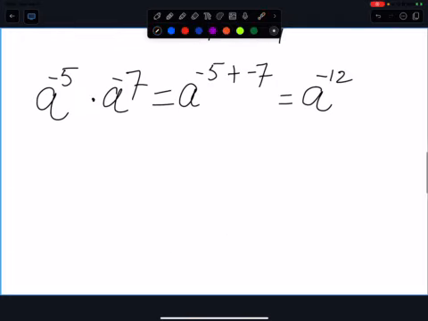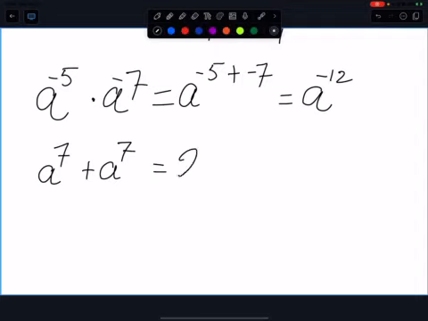Then you have addition. a to the 7 plus a to the 7 means? Why is it 2a to the power of 7? It's like saying 1 plus 1 equals 2.